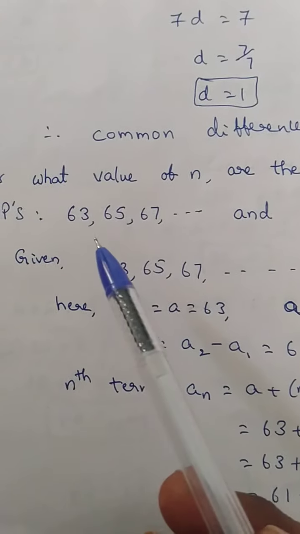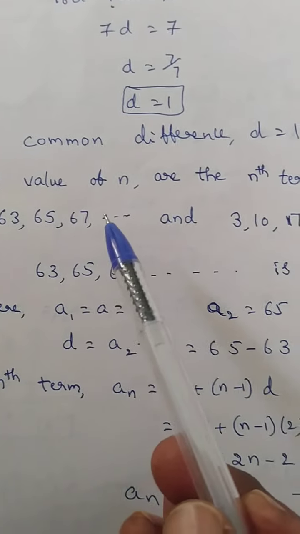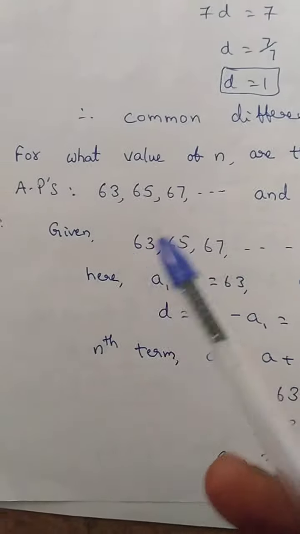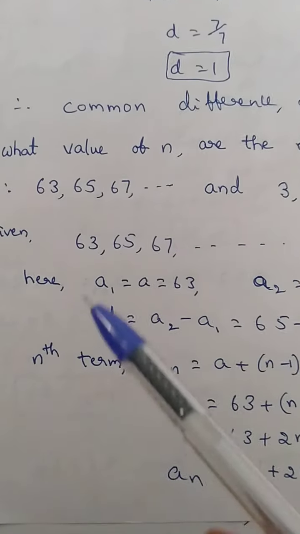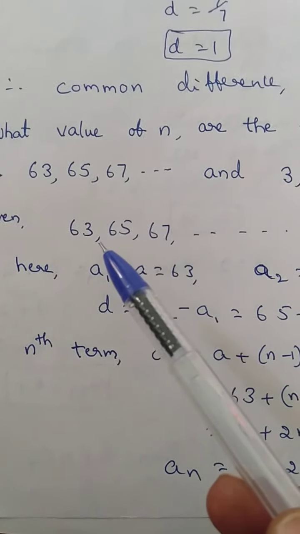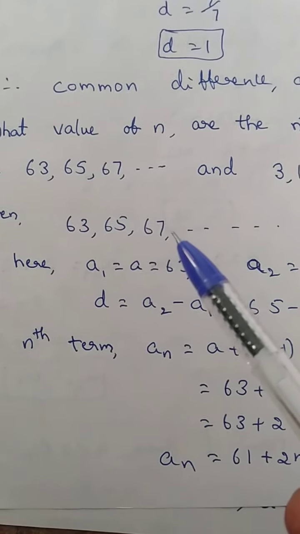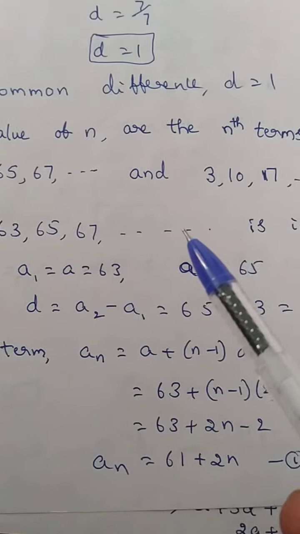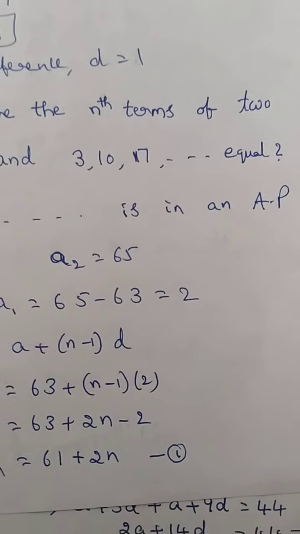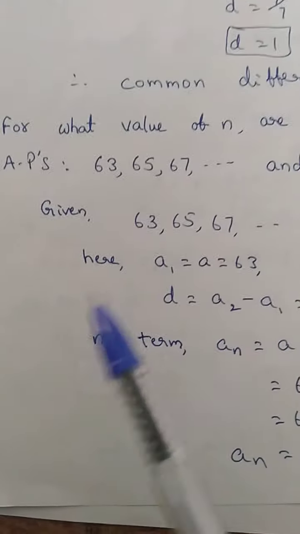We can observe here 63, 65, 67 like that, and here 3, 10, 17 like that. The first arithmetic progression 63, 65, 67, and so on is in an AP.